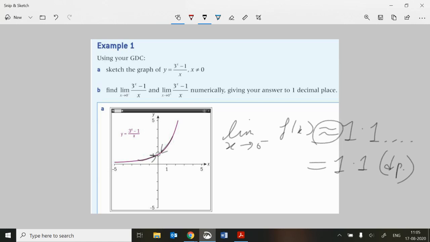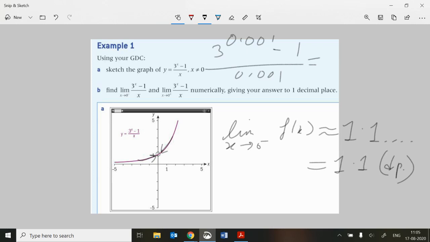Okay, so we can get rid of the approximately equals to if we just take our decimal places a little bit further. Let me just check this one. Okay, so let's, for example, put in 0.01, 3 to the power of that, minus 1, and divided by 0.01. Let's see what we're getting out from our table of values.